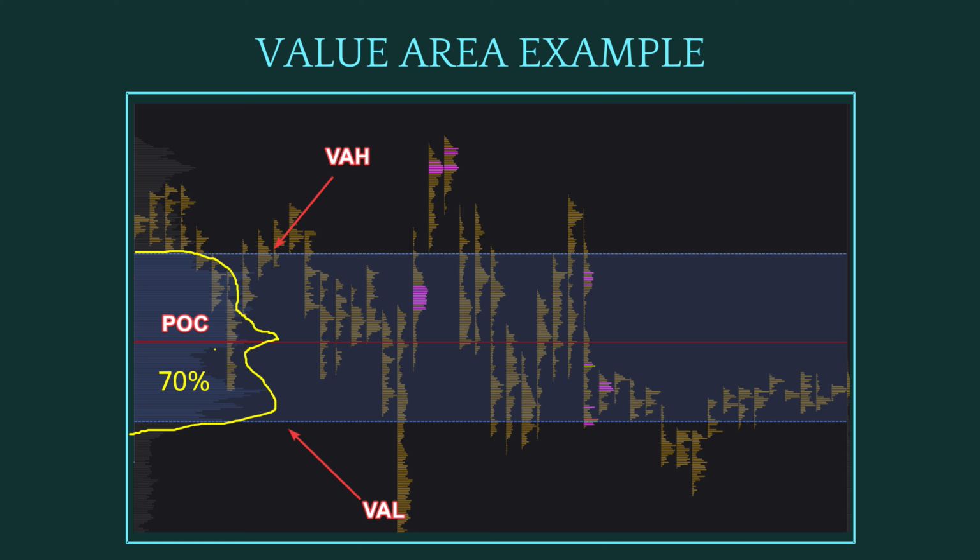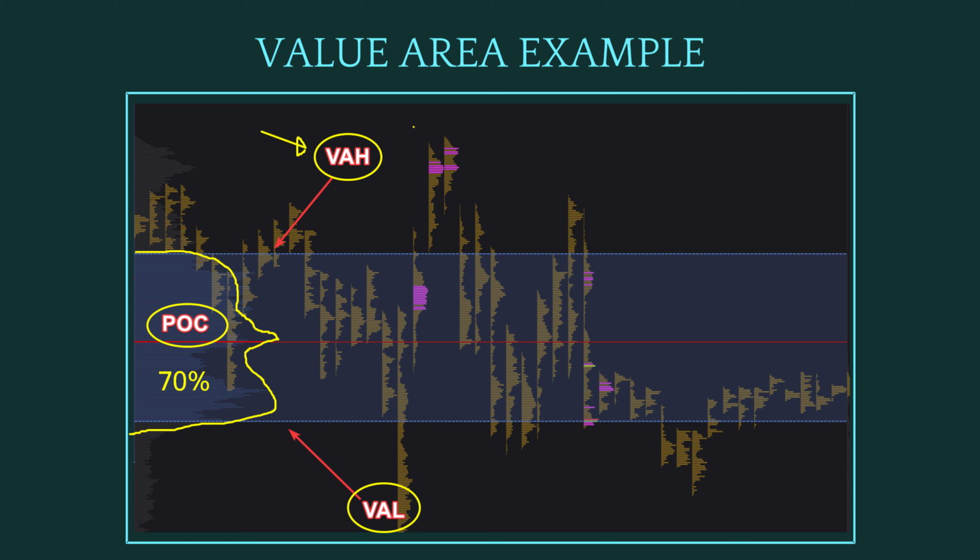The value area has 3 significant points to pay attention to. Value area high, value area low, and the point of control. Value area high is the top of the range. If we see a seller's activation here, we call it a responsive activity.